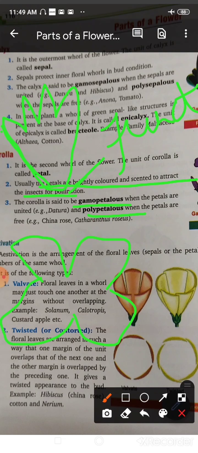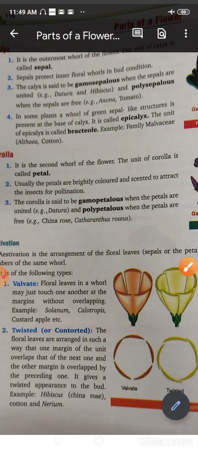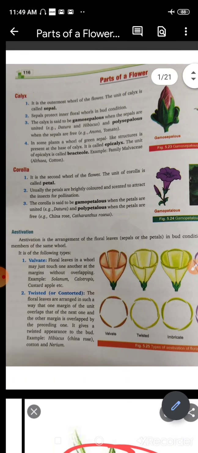These are the petals, but these petals here are all fused, then it is said to be gamopetalous. So there are two kinds again. Fused or united is gamopetalous, and free is polypetalous, right? And the examples are given here.